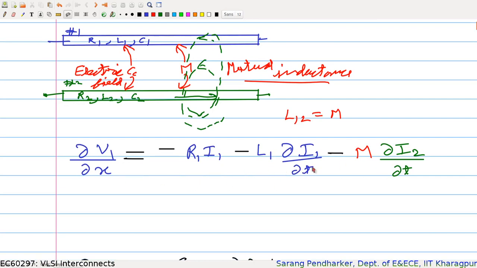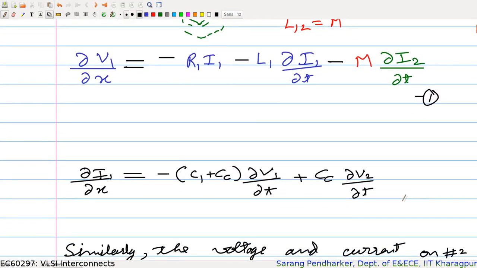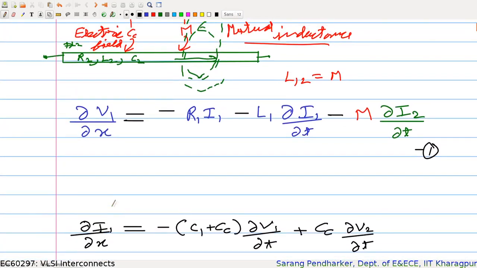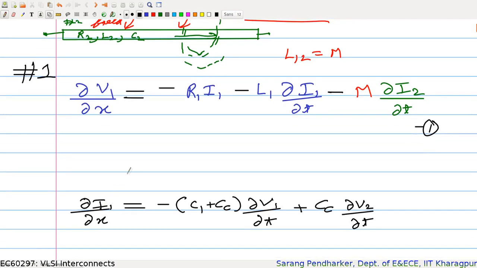So this is the first equation. Okay, let me also start numbering these. So let this be 1. This is for interconnect 1. For the current also you can write a similar equation, number this as equation 2.